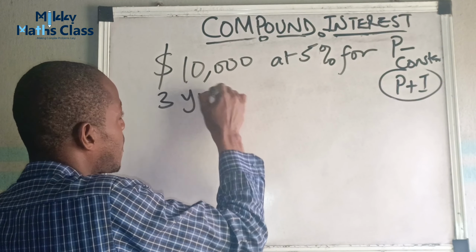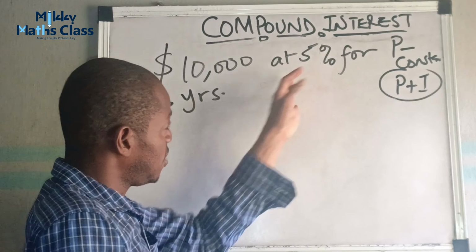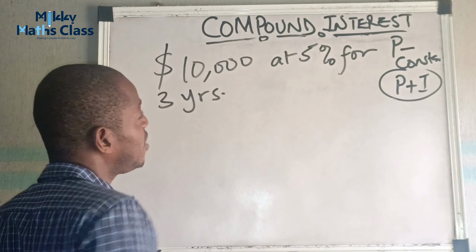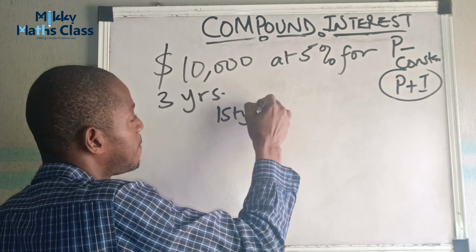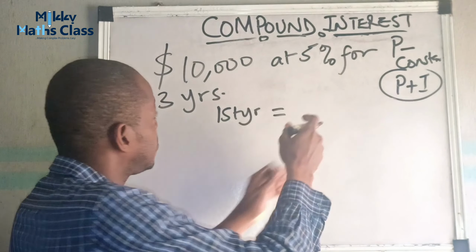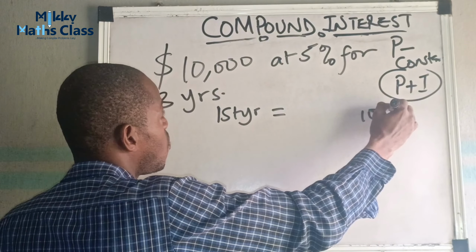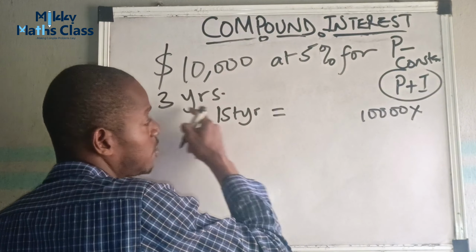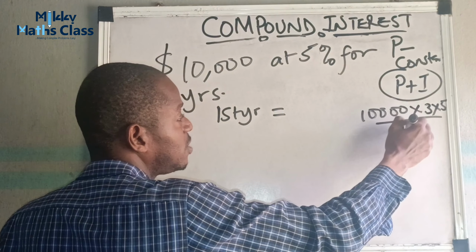If we are to look for simple interest, remember, it is principal times rate times time, all over 100. That's $10,000 times 3 years times 5 over 100.